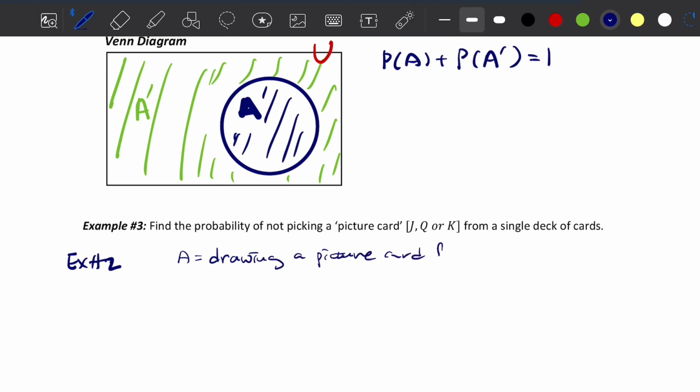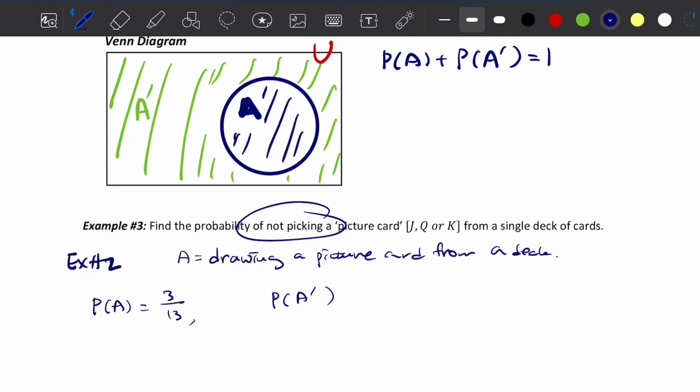from a deck, and we know that the probability of drawing a picture card from a deck is equal to 3 over 13, and we are now trying to calculate the probability of not picking a picture card, right?